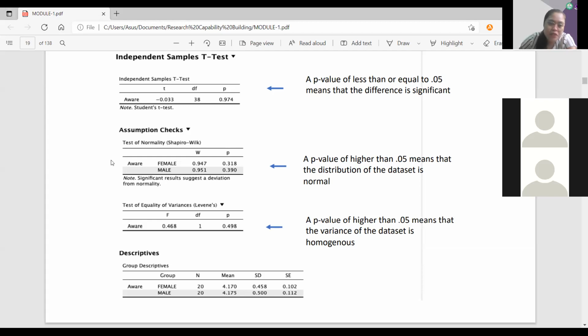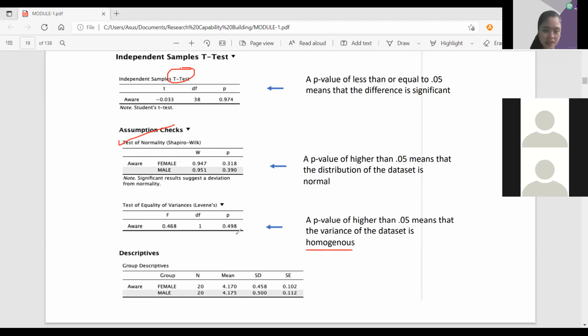So for the assumption check na ito, check na that the data collected are really normally distributed. So most likely we can use the t-test. But how about the test for equality of variances or the Levene's test? Ganun pa rin. A p-value of higher than 0.05 means that the variance of the data set is homogeneous. Most likely equal.